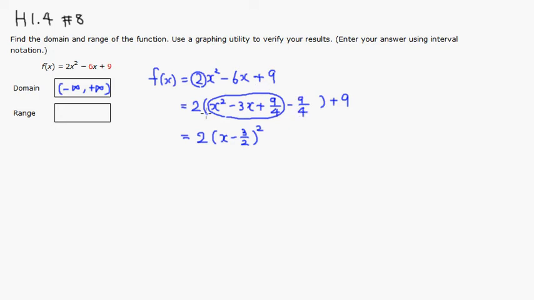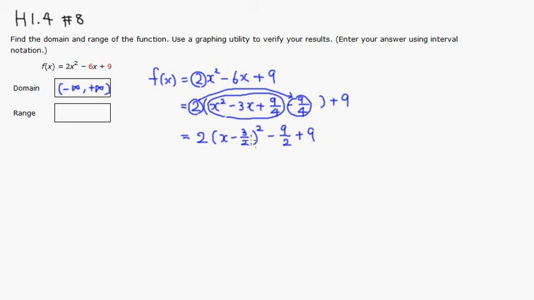Right, then we have to distribute this 2 to the leftover term, which is negative 9/4, to get negative 9/2. Then we have a plus 9, so plus 9 at the end.